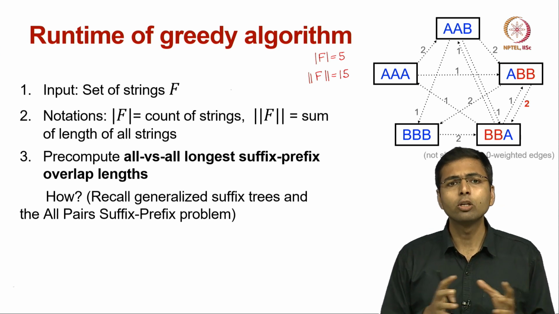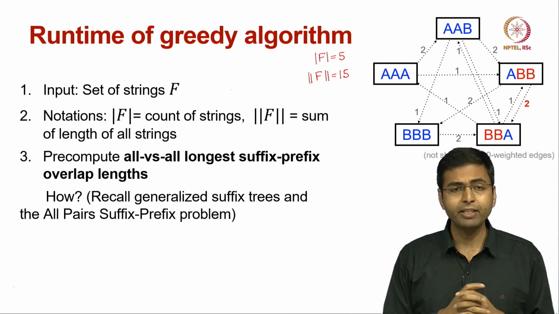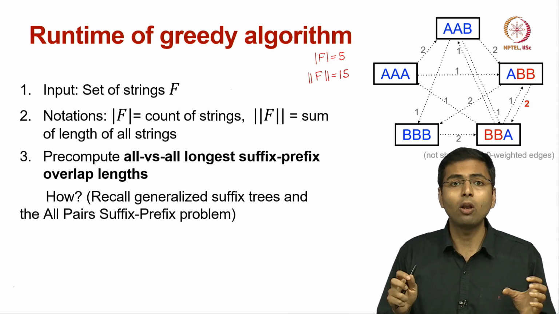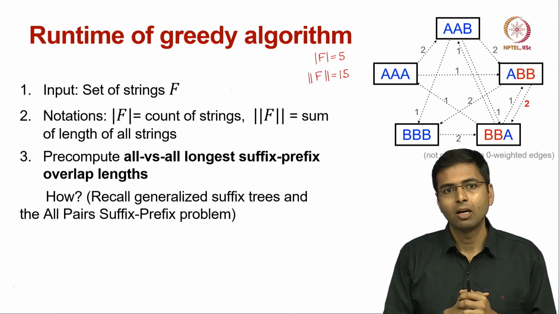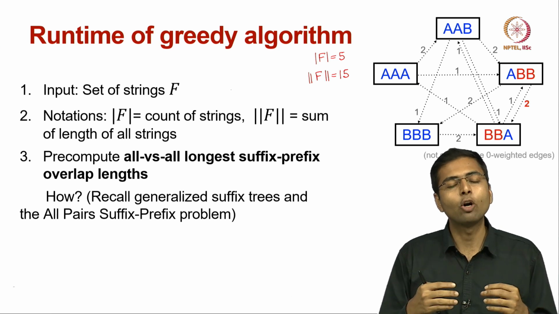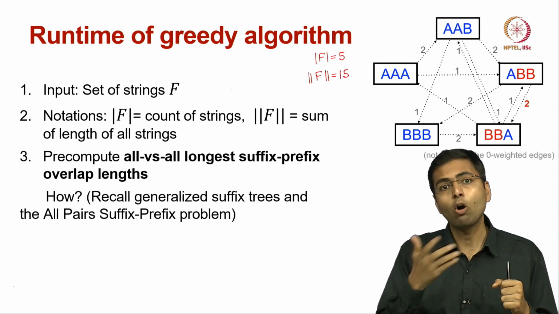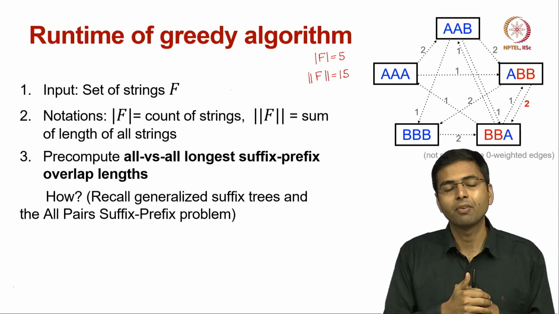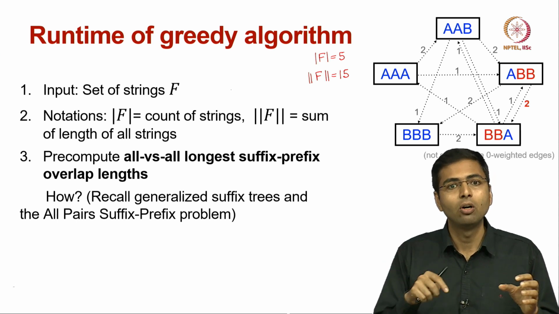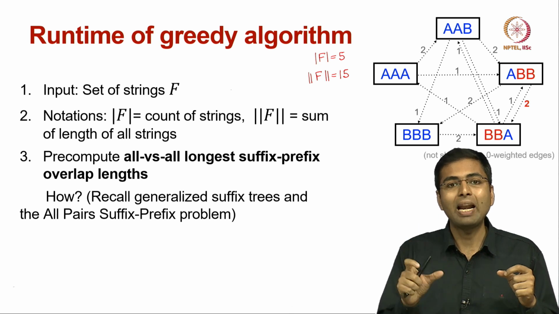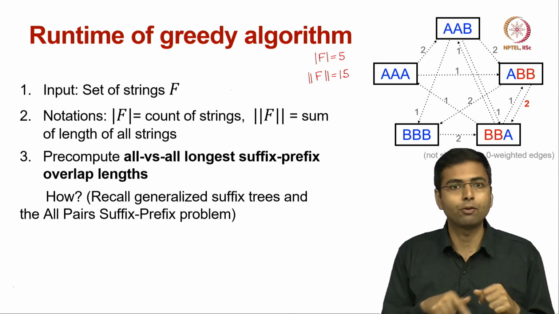Now, to run the greedy algorithm efficiently, we can pre-compute all versus all longest suffix prefix overlap lengths, because at every step of the greedy algorithm we have to look for the longest suffix prefix match. So, what makes sense is to pre-compute overlap lengths between all pairs of strings.